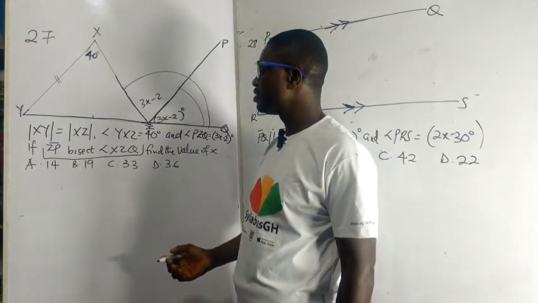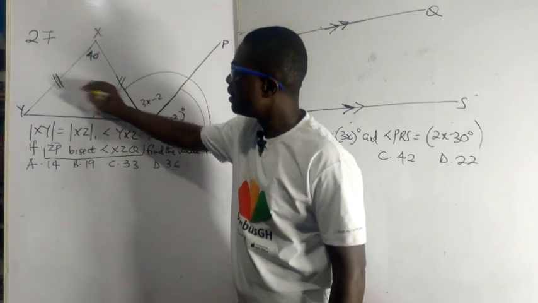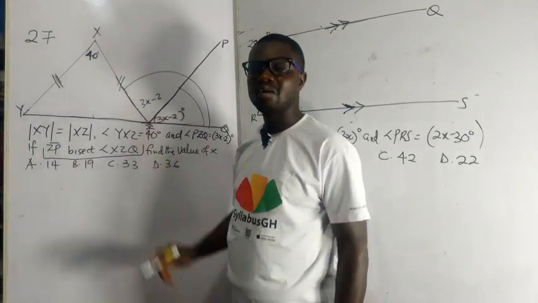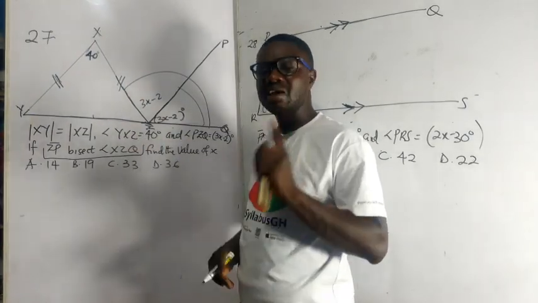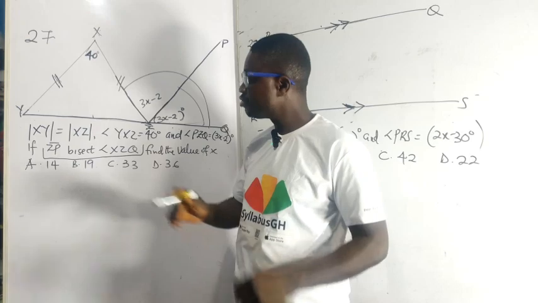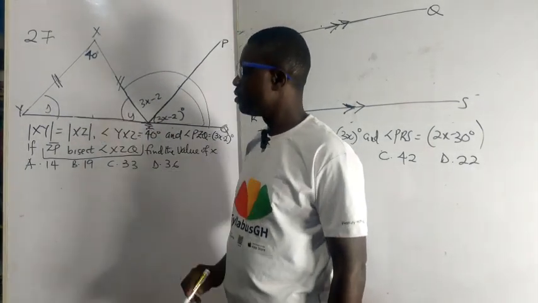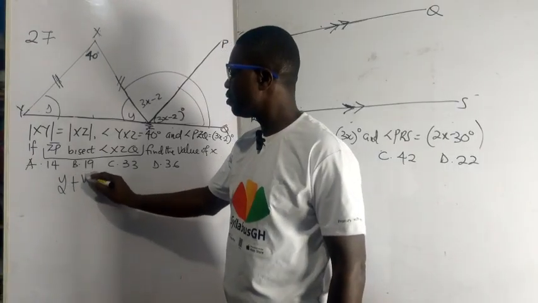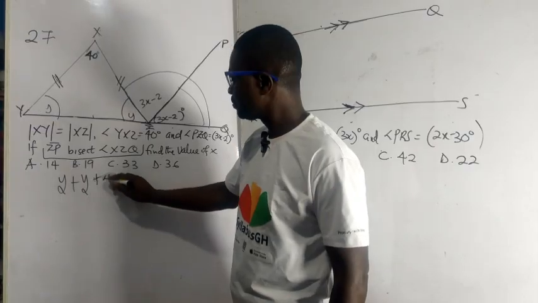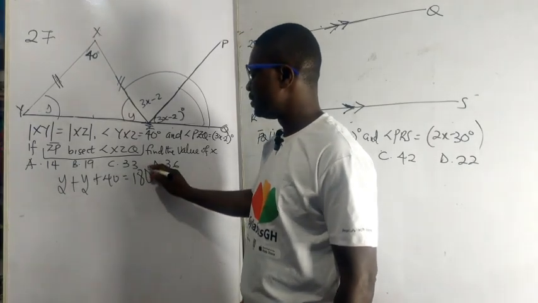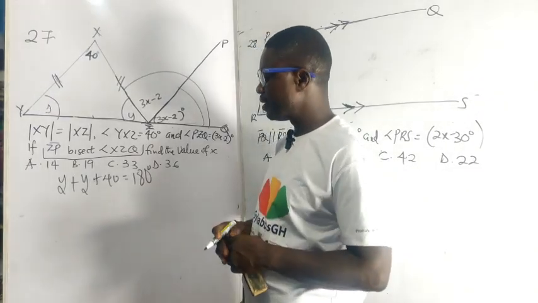Now, how do you simplify the question? We also have to remember that there is an indication here which tells you that this triangle XYZ is isosceles. So let's replace this side with y. Let's replace this side also with y. So we have y plus y plus 40 is equal to 180 degrees. Angles in a triangle sum up to 180 degrees.